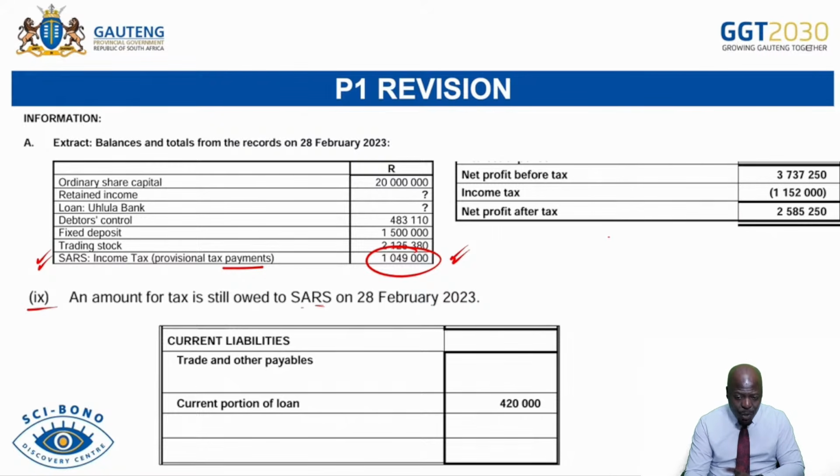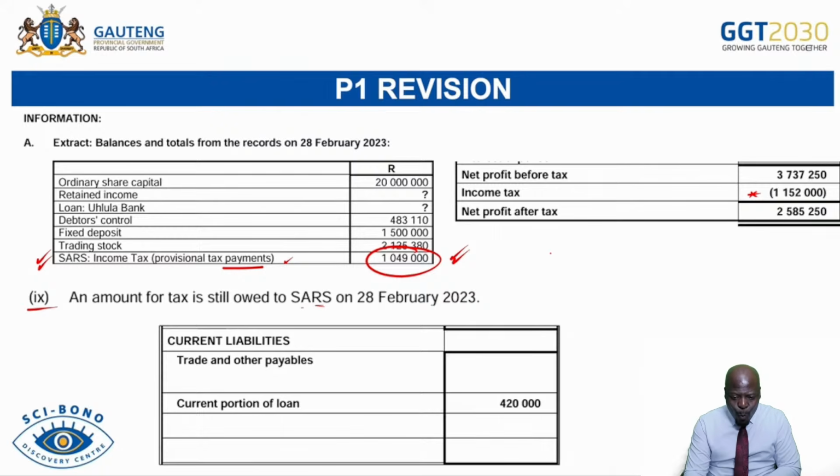And we are then told that the income tax for the year is supposed to be 1,152,000. So if we take what we should have paid and subtract what we have paid, it tells us what we must still pay. I don't know if you get what I'm saying.